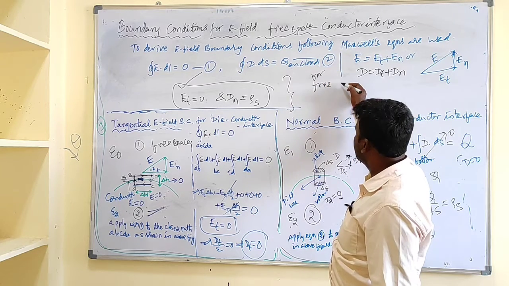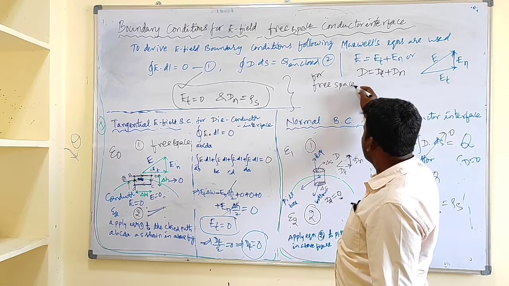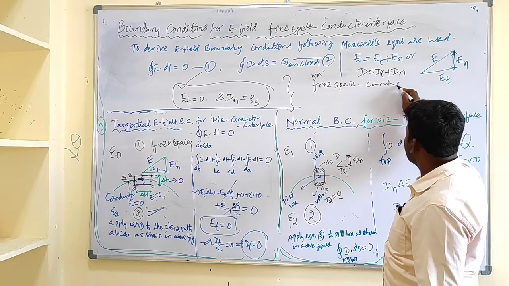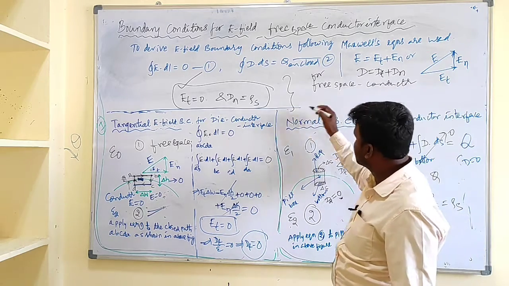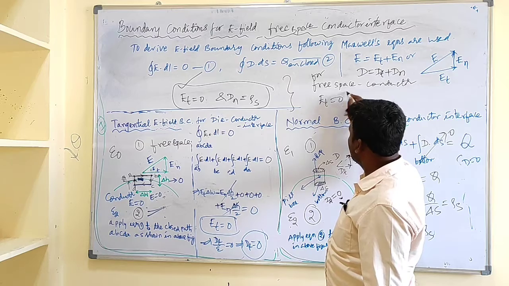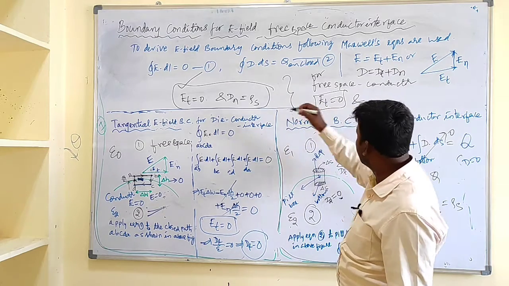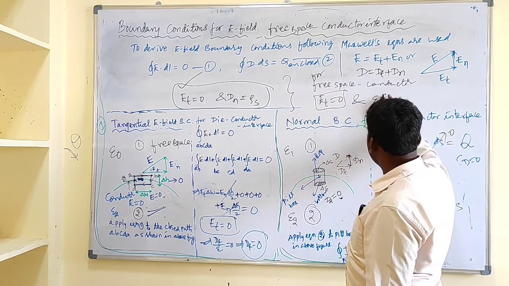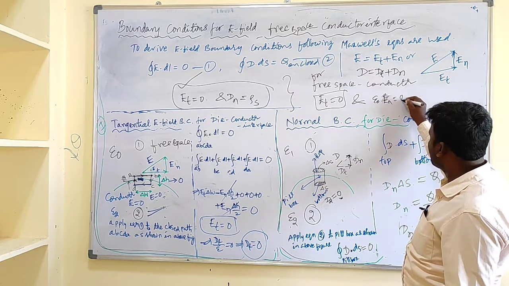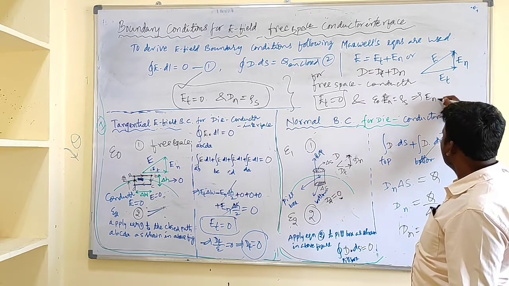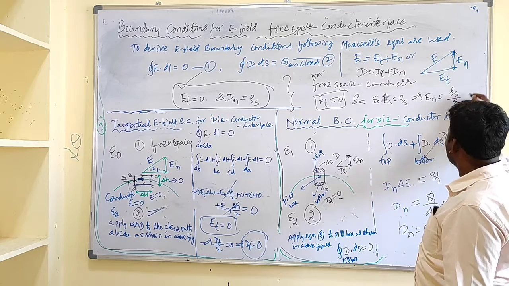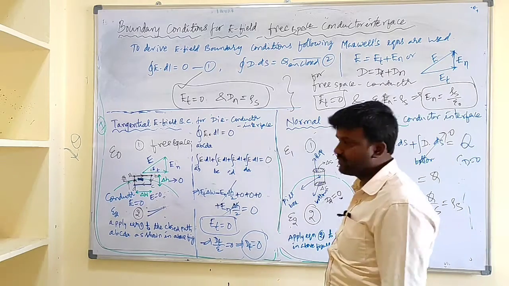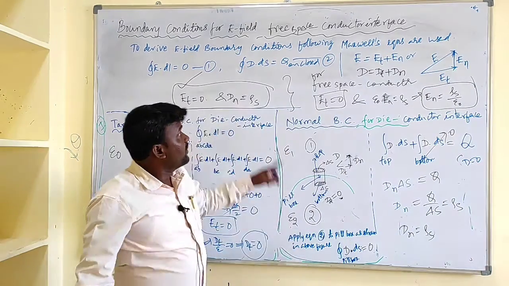In the case of the free space conductor interface, the boundary conditions are Et equal to 0, and Dn can be written as epsilon naught times En equal to rho s, that is En equals rho s by epsilon naught. These are the boundary conditions for free space and conductor.